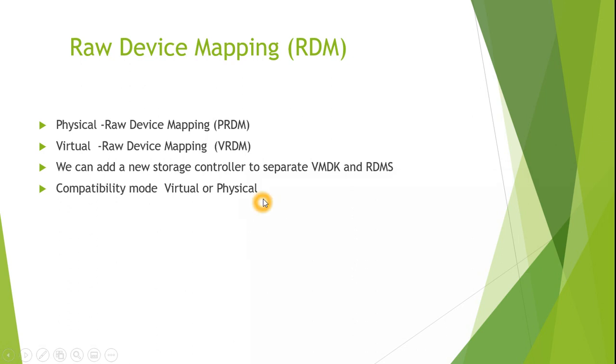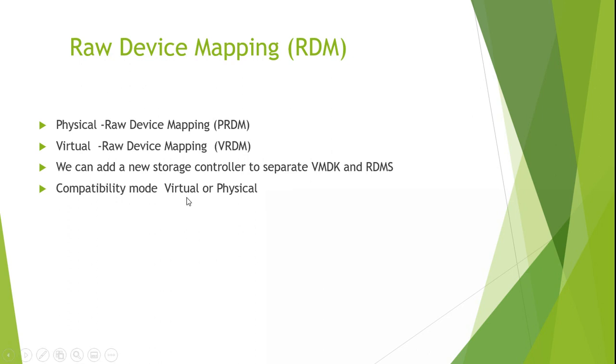So what you will have to do is create a new storage controller first, and then this new RDM which you are presenting, you have to make sure you attach it to a separate storage controller. It is possible to attach it on the same one as well, but for performance you would want it to be on a different storage controller.